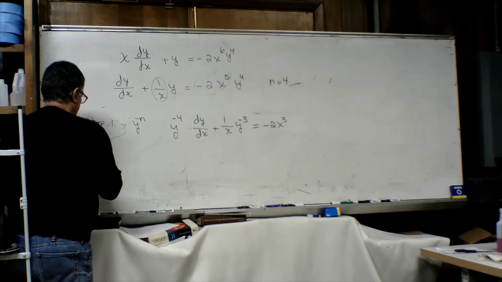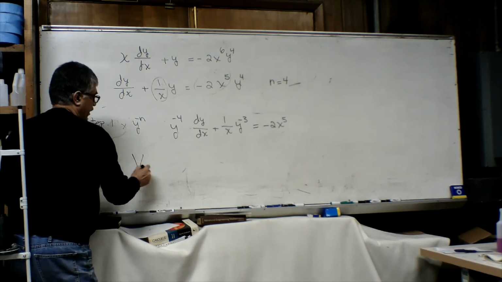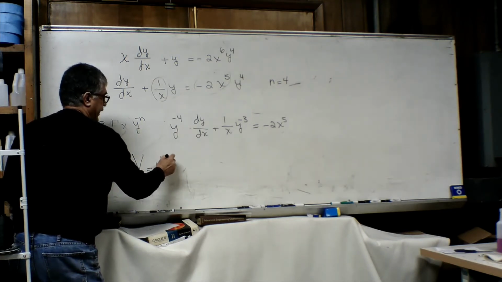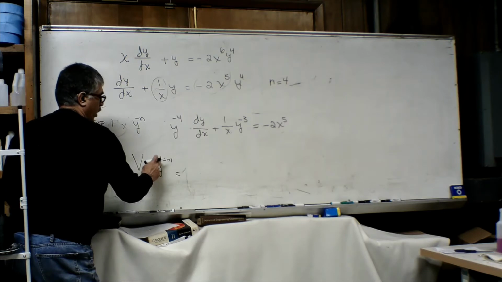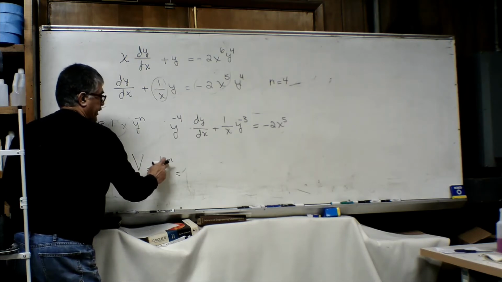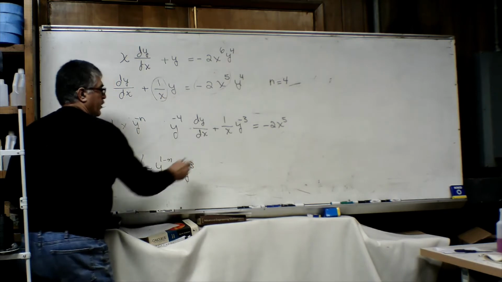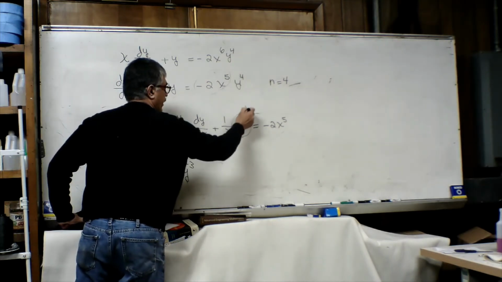So step number 2, assume that v is equal to y to power 1 minus n. So y to power 1 minus 4 will be y to power minus 3. So this is our v.